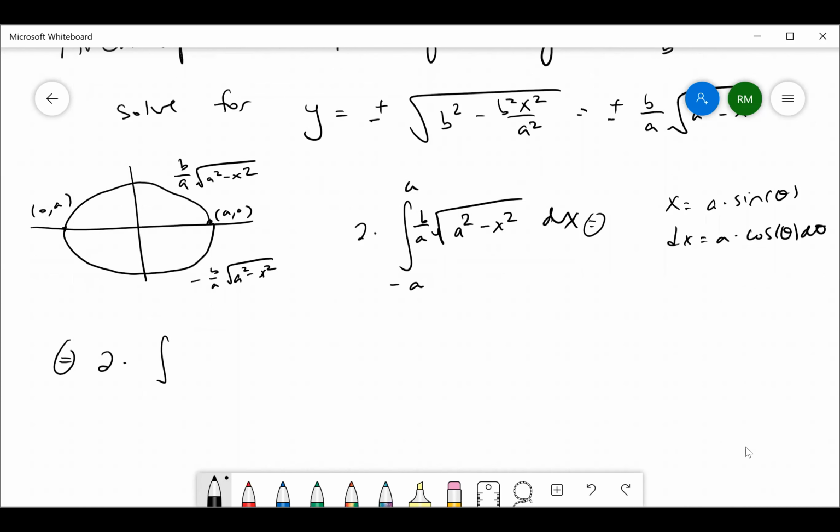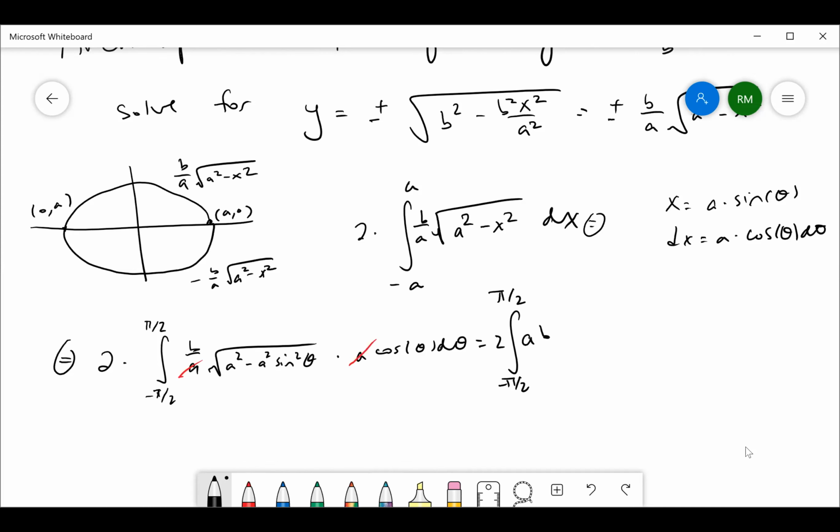One can check that the integration bounds from this substitution will become negative pi over 2 and pi over 2. We see that these a's cancel out. We get ab cosine squared of theta d theta.